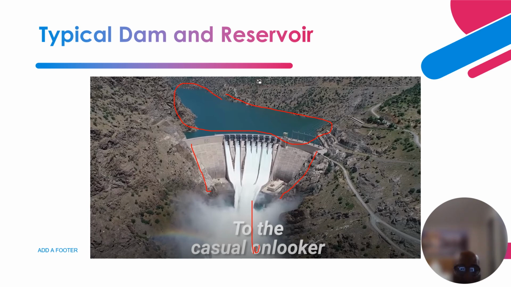So that has a lot of potential energy, and when it is released towards the turbine, that is what flows through the penstocks to turn the turbine. And once you're able to turn the turbine, you consequently turn the generator, because they are all coupled to the same shaft, right?